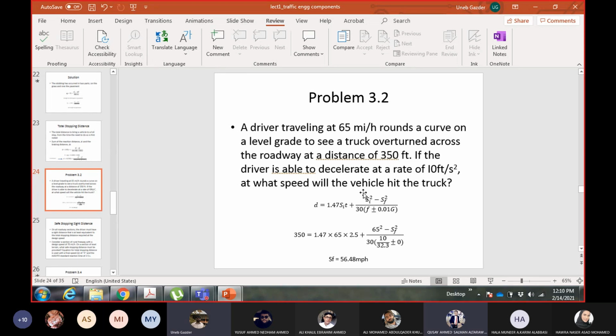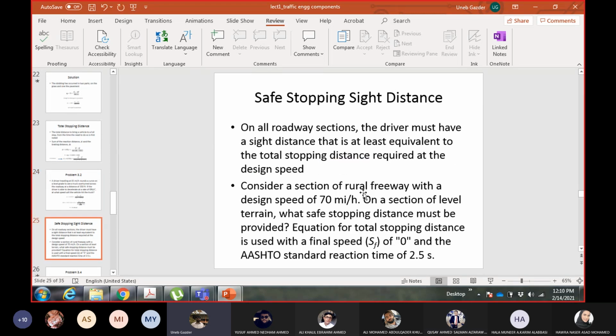Yes, 726.59. Very accurate. Very good. So on this freeway, we must provide a distance of 726.6 feet to make it safe.